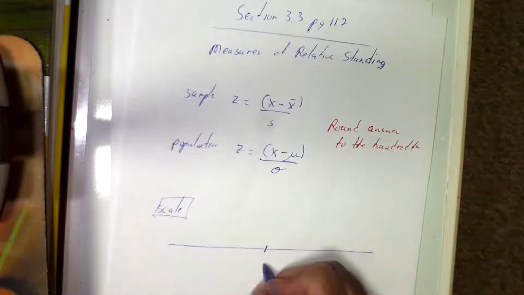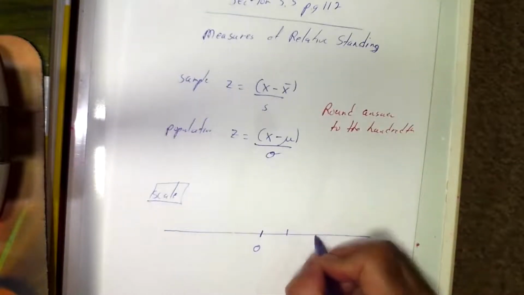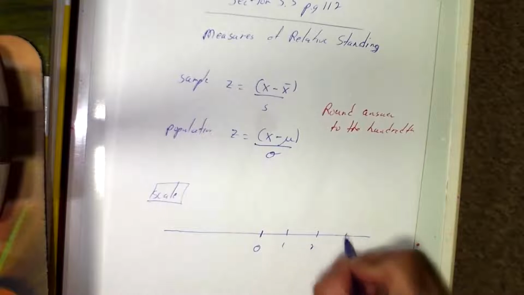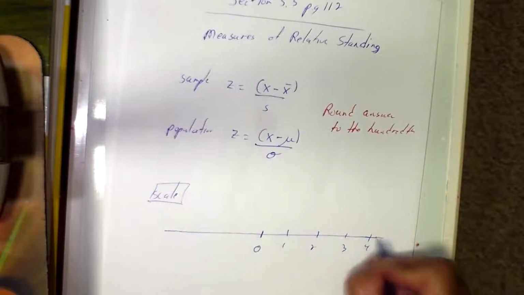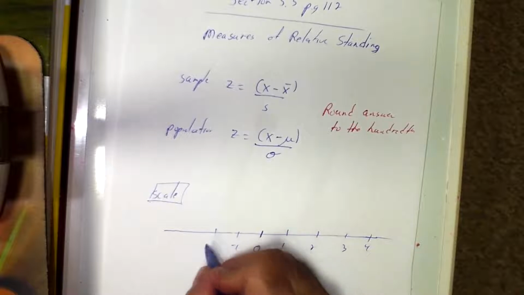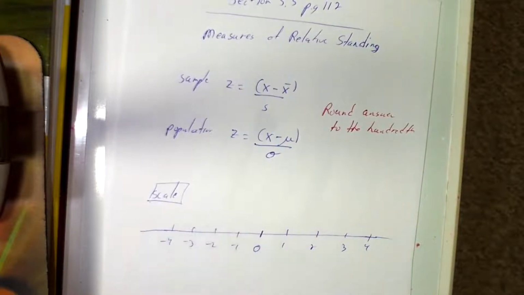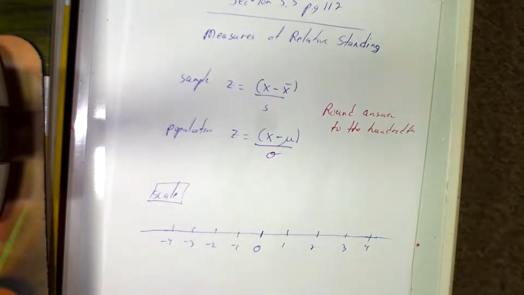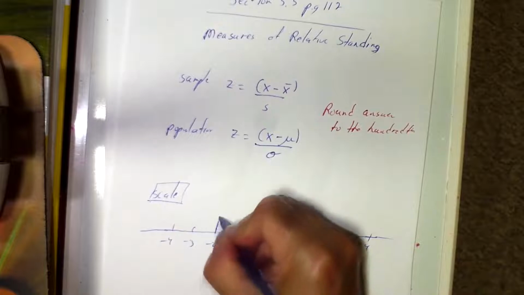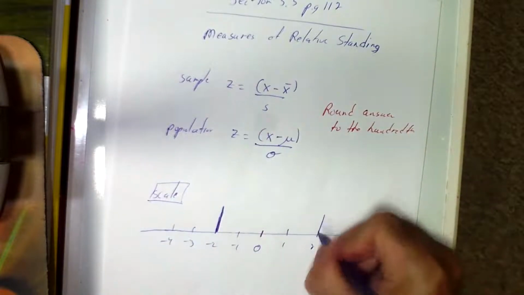Recall that in a number line you have 0, and then we number it 1, 2, 3, 4, and so forth, and likewise go backwards: -1, -2, -3, -4, and so on. This scale is broken off into pieces, and the cutoff scores are from -2 to +2.